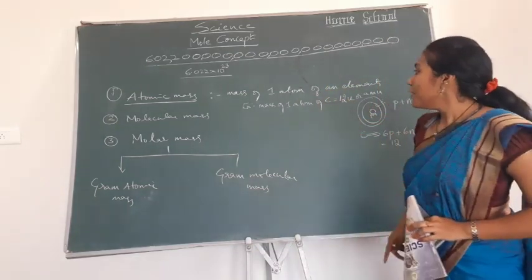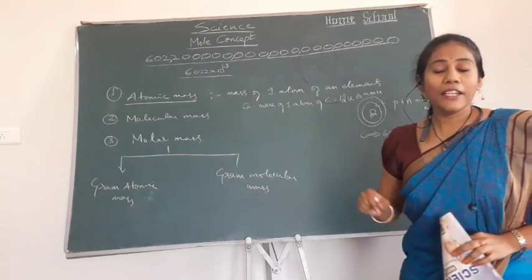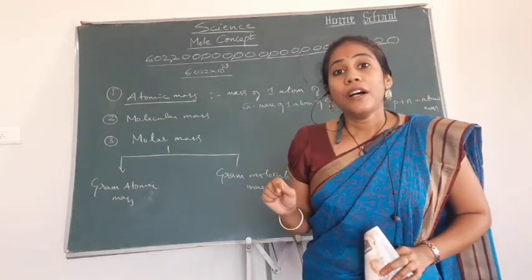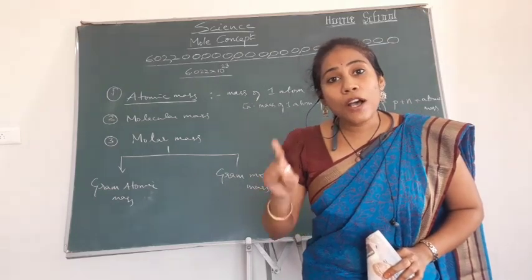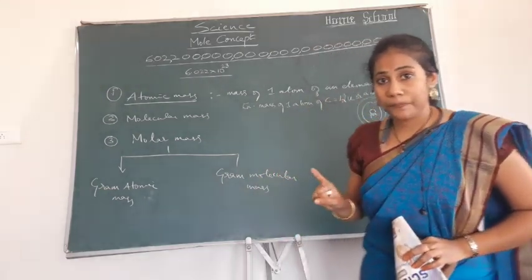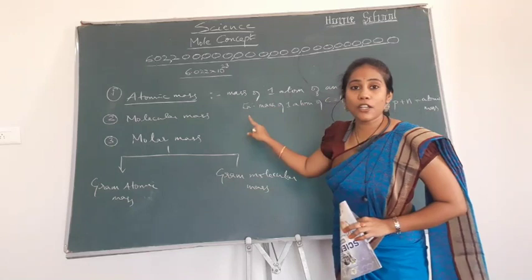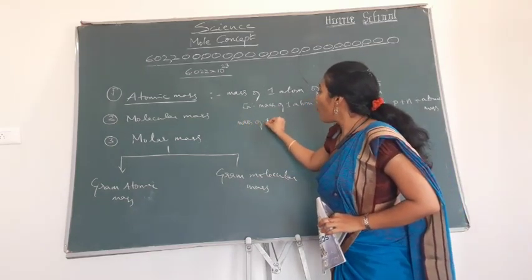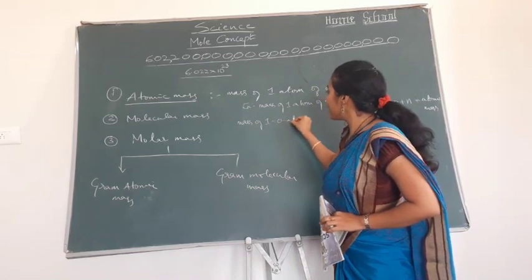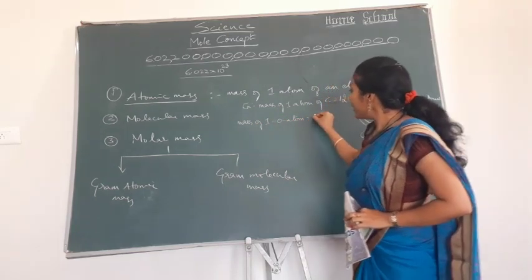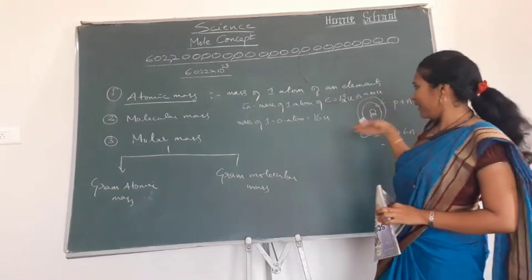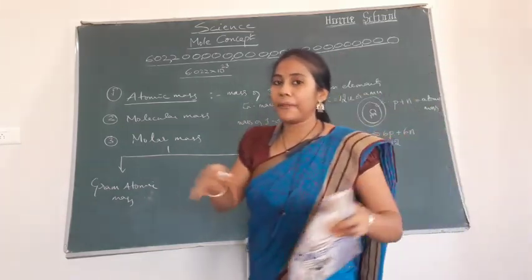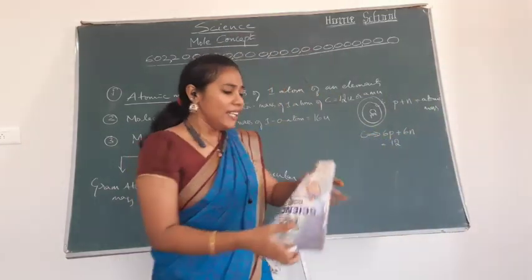Got it, everybody? Similarly, if I ask you what is the mass of one oxygen atom? It is 16 U. It has been calculated the same way: number of protons plus number of neutrons.